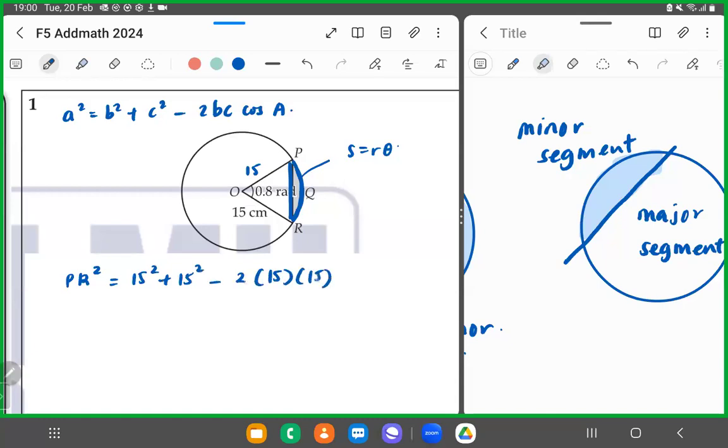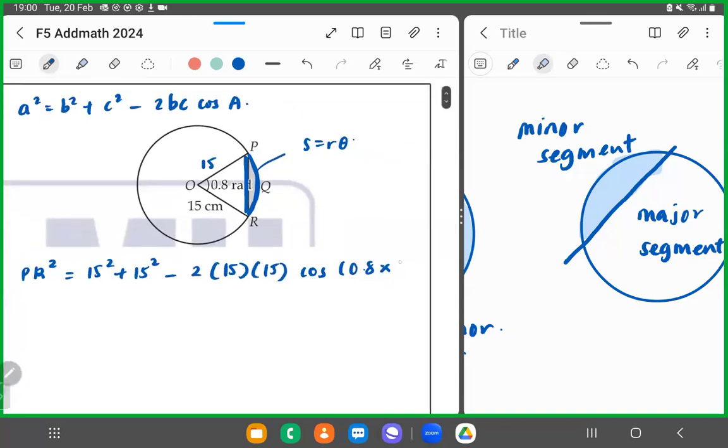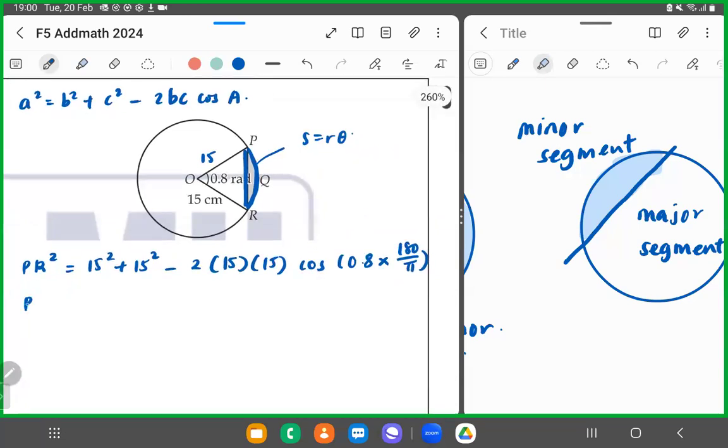Why is this one 15, 15? Because it is radius, radius, so they are the same. Times cos of the 0.8 radian here, change it to degree: cos 0.8 times 180 over pi. So press everything in one shot in your calculator, will be easier. PR equals something.